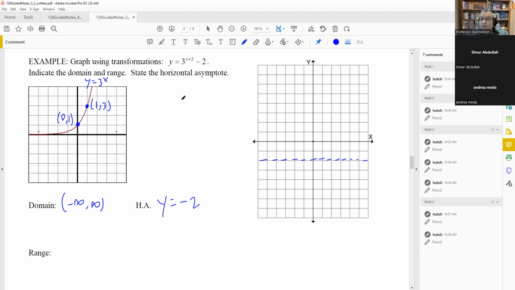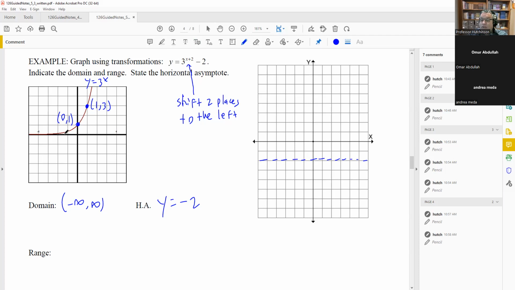Okay, so we have to do some shifting on this. Now let's take a look at what's going on here. This part right there means we're going to shift 2 places to the left. It's always the opposite sign of what you see here. So instead of moving it in the positive direction, we want to move it in the negative direction, so it's moving to the left.